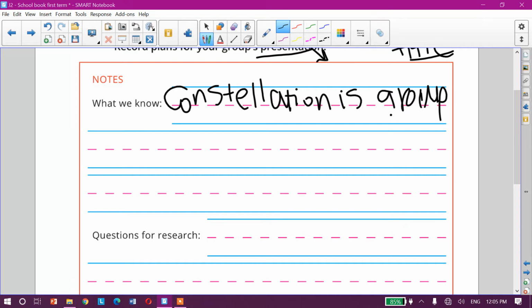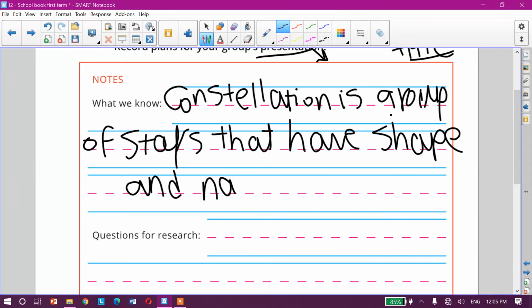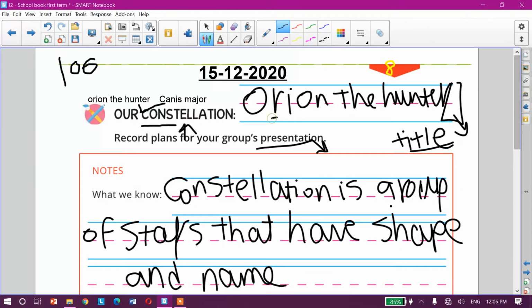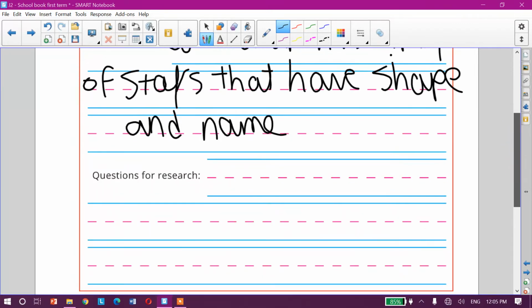No. A group of stars that have a shape and a name. We give the Orion constellation the name Orion the Hunter, as we know. All right, we have other information we want to know.